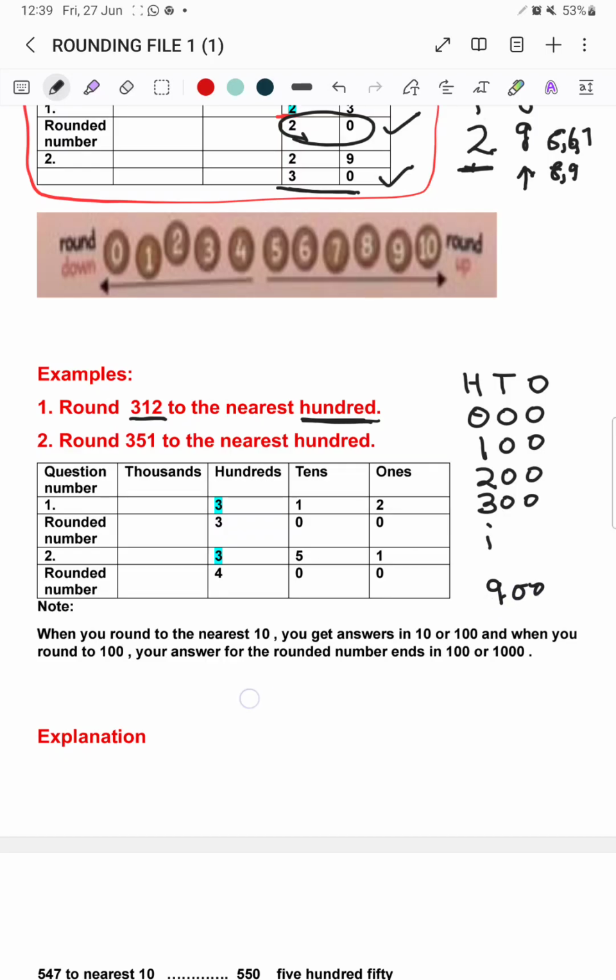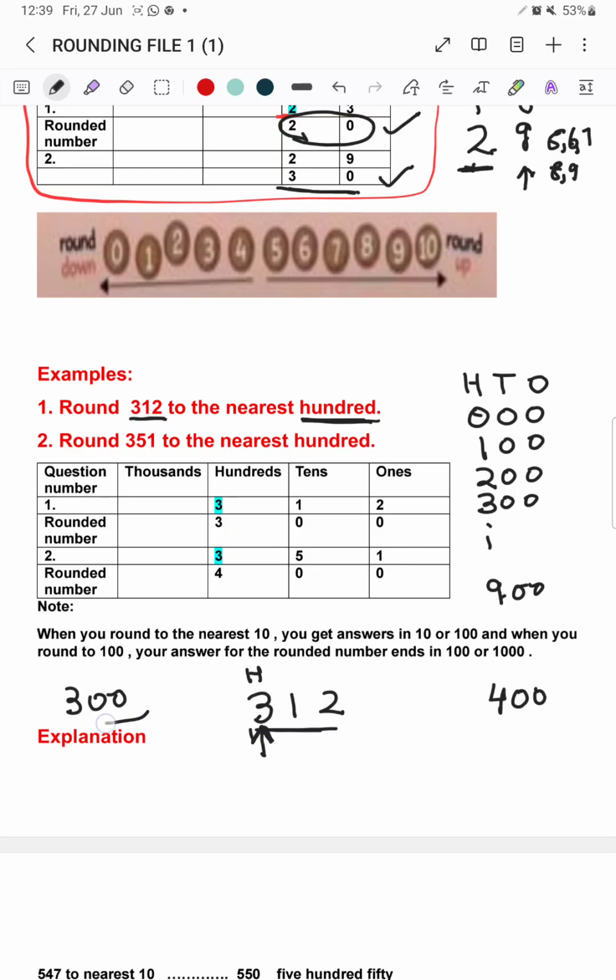Now my number is 312. And I have to decide that it lies between which two hundreds. 312 lies between 300 and 400. Now again, because I am rounding to hundreds, this is the 100 place value.